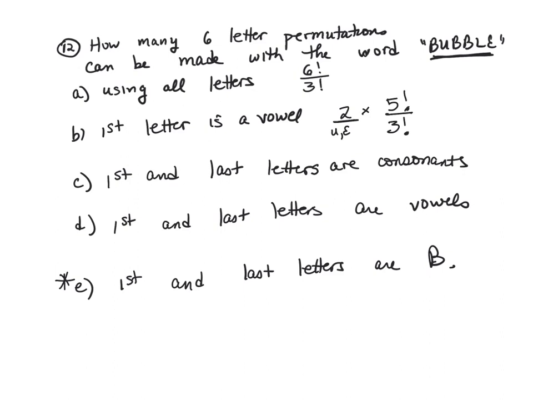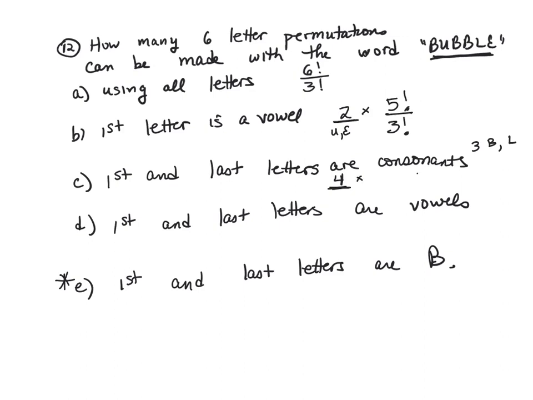Now, if the first and last letters have to be consonants, we have 4 consonants, the 3 B's and the L. So if the first letter has to be a consonant, there are 4 ways to pick that first letter.